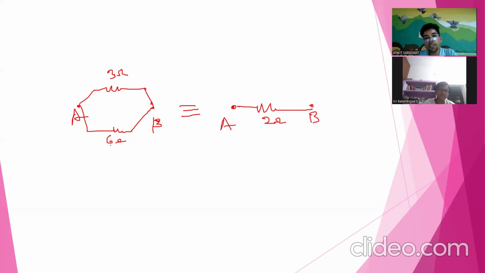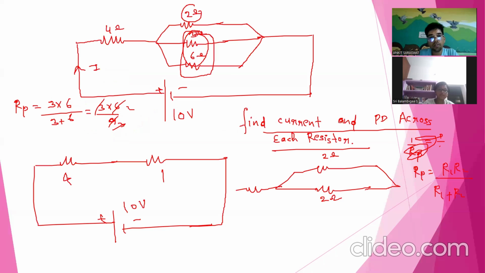After finding the equivalent, remove these and finally add the simple equivalent. That is 2. No need of this. Understood now? Yes, sir. Similarly here I just find the equivalent of this. This is the junction A, B. In between I just remove this, I just remove this. I got a single resistor. In between this junction I just connect 2 ohm like this. Clear?